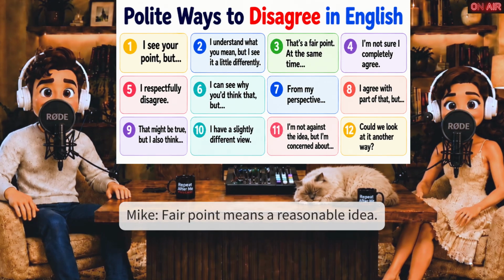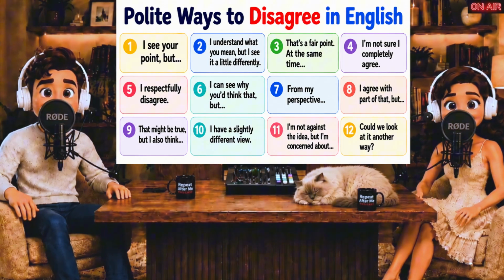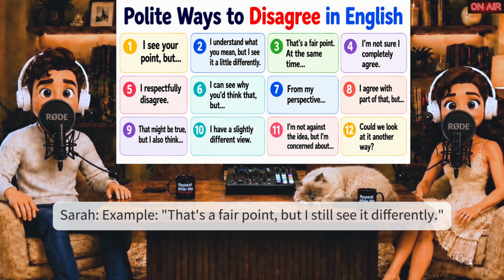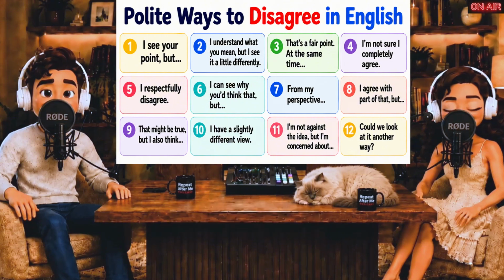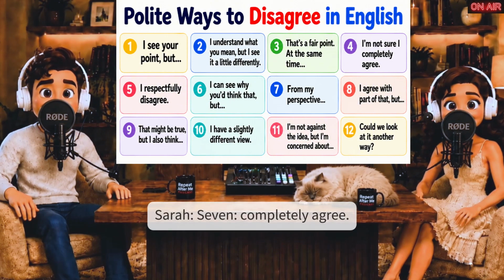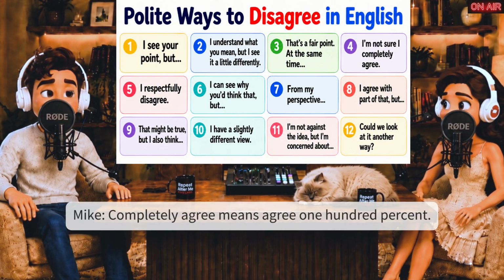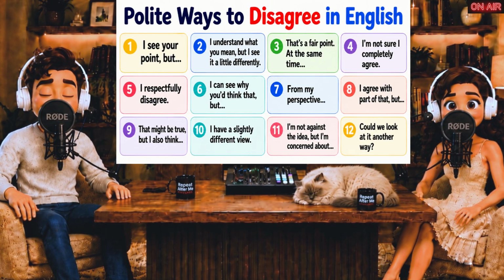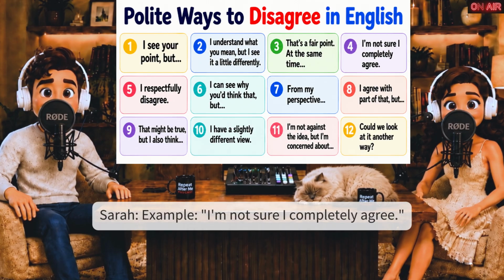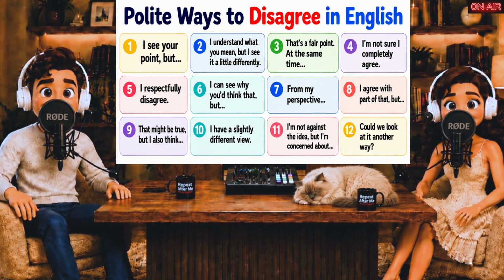Fair point means a reasonable idea. Example, that's a fair point, but I still see it differently. Repeat. Fair point. 7. Completely agree. Completely agree means agree 100%. Example, I'm not sure I completely agree.